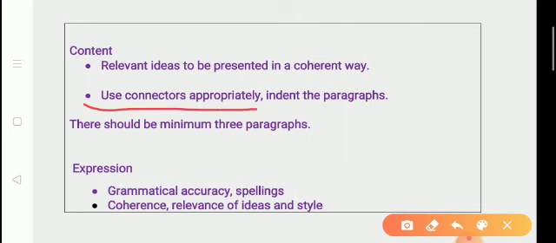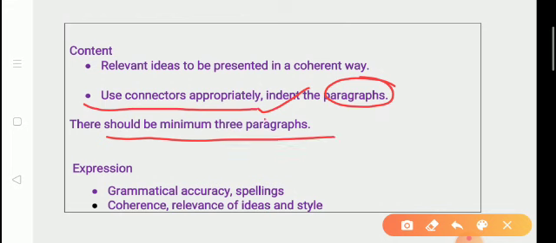There are so many connectors, but we have to use them very appropriately. Whenever we start a new paragraph, we should leave proper indentation, and there should be a minimum of 3 paragraphs if you can write.